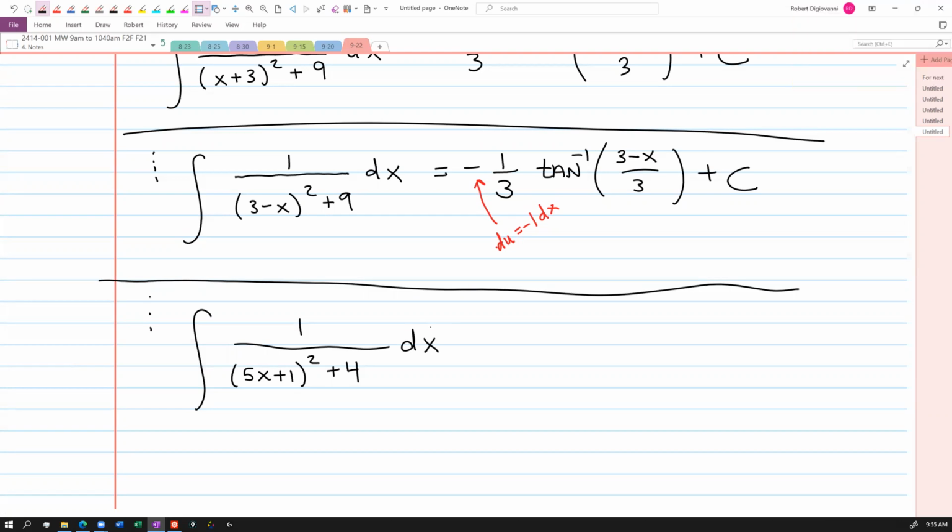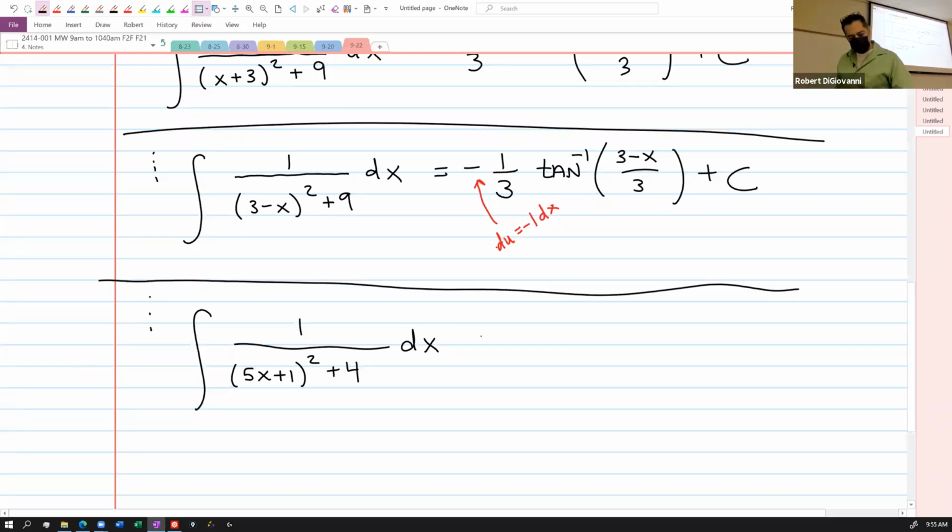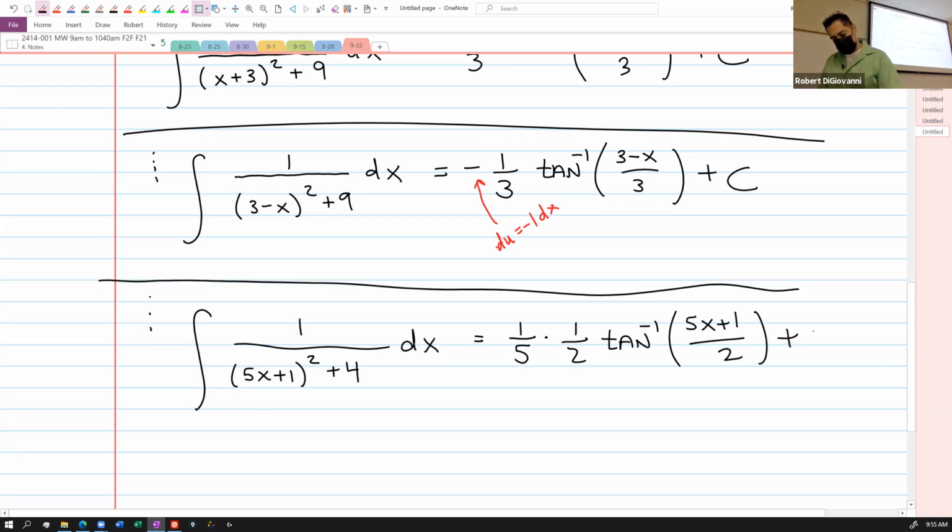How would I get rid of the 5? Scale it by 1/5. So I'm going to run the formula, but put a 1/5 out in front of everything. That's me scaling out the 5 dx. And then a is 2, so 1/2 arctangent of 5x plus 1 over 2 plus c.